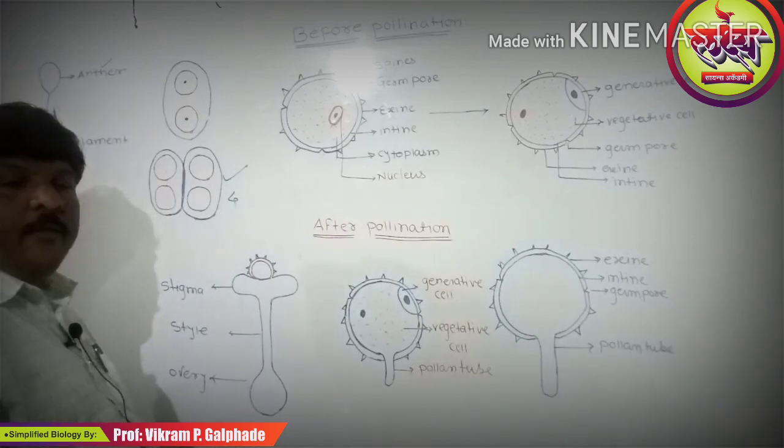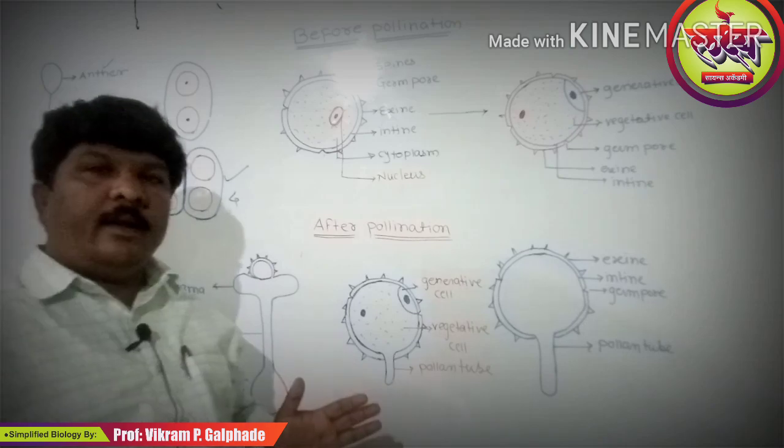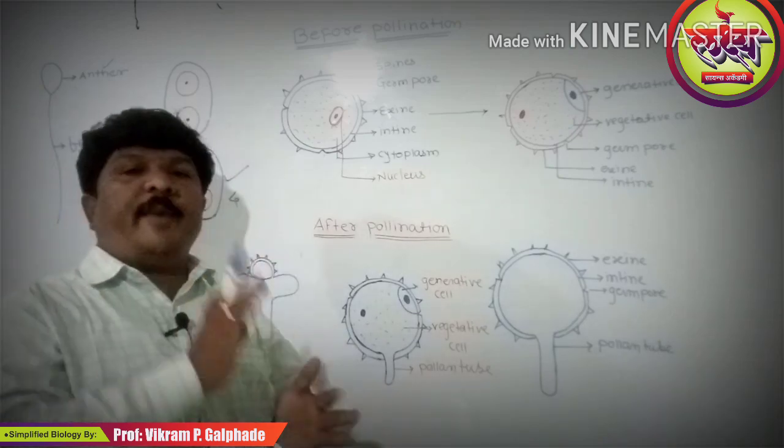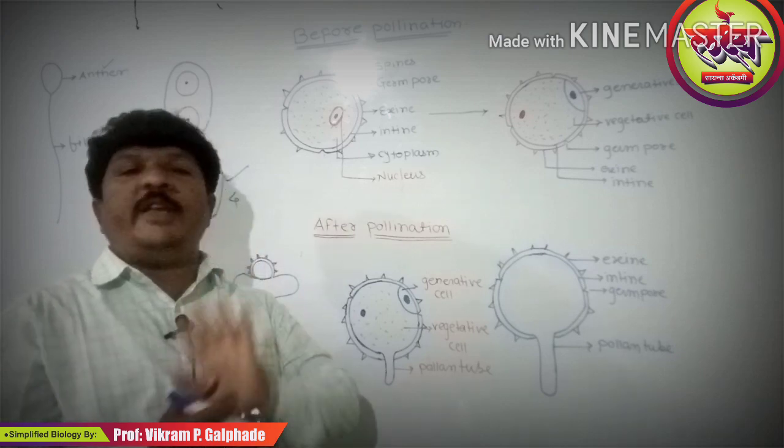After formation of the haploid pollen grains, they divide again by mitosis and form the two-celled stage.